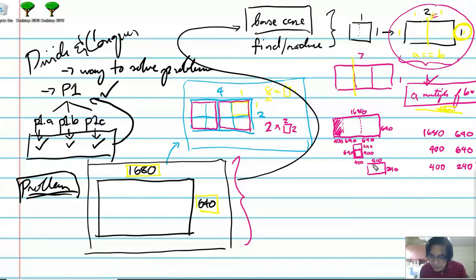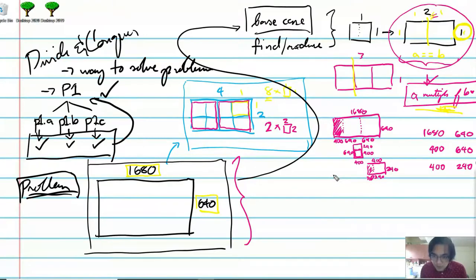Now I can repeat the process again, because why am I not stopping? Because 400 is not a multiple of 240, or 240 is not yet a multiple of 400, which is why we have the excess. If we create a box out of this to check for multiples, then I end up with an excess of 160.